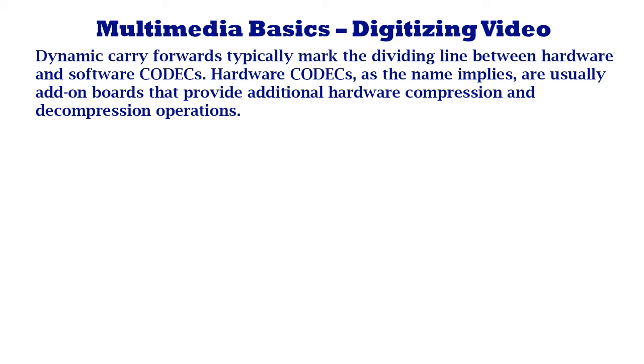Hardware codecs, as the name implies, are usually add-on boards that provide additional hardware compression and decompression operations. The benefit of hardware codecs is that they do not place any additional burden on the host CPU in order to execute video compression and decompression.